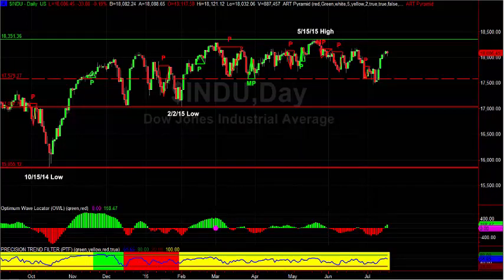Now I've zoomed in, and this is a daily chart of the Dow Industrials. If you remember from my last updates, we were watching this level real close. We came down and we broke through this level. I said that was a warning, not that it told us for sure that the bear market was underway, but it was a warning.